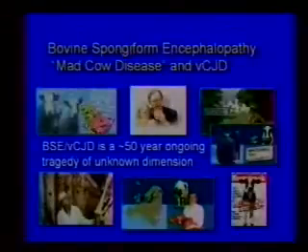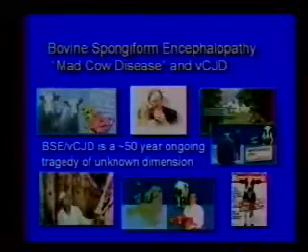Now, foot and mouth disease, as we've just discussed, is a disease that has now been eradicated from the United Kingdom. But once again, we go to the United Kingdom because it is here that BSE and variant Creutzfeldt-Jakob disease has had its most important impact.